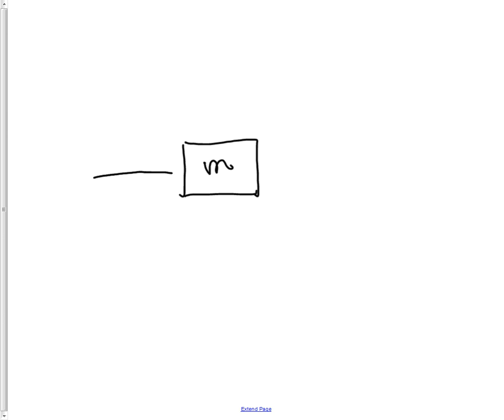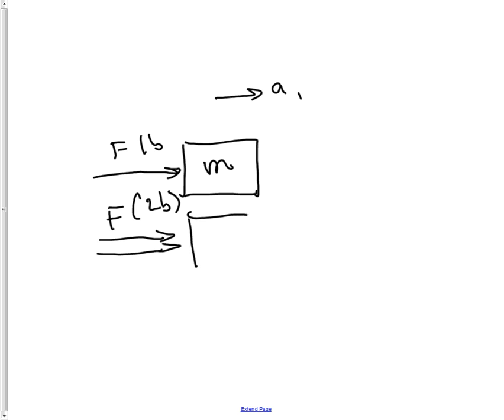Then I'm going to push with a force of 1 Baker, and I will get some acceleration, a sub 1. Then I'm going to take 2 of my machines, and now I'm going to put 2 Bakers of force on this same mass, and I'll get some different acceleration, a sub 2.